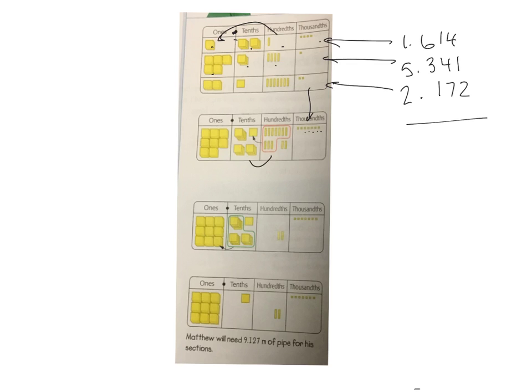You can see some regrouping happening here, and some regrouping happening here. And when it's all said and done, Matthew will need 9 and 127 thousandths meters of pipe for his section, which would mean there's more than 5 meters left for Fiona's section.